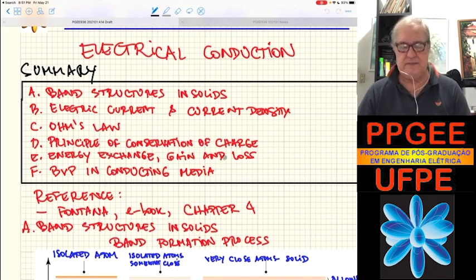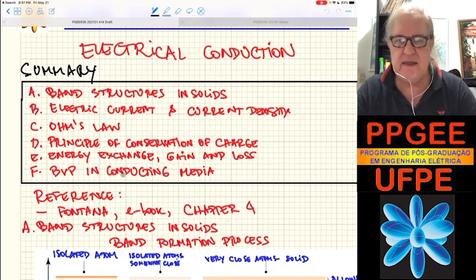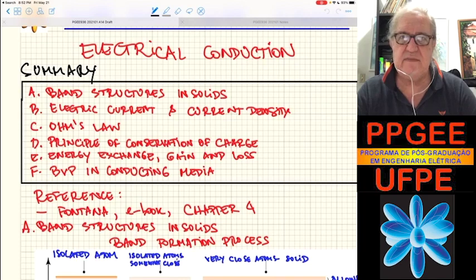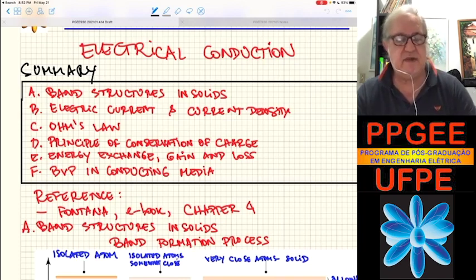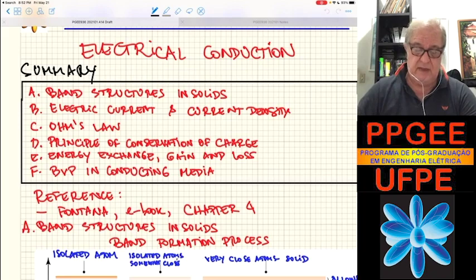And finally, we are going to outline how we address boundary value problems in conductive media. What are the quantities that can be used to obtain the behavior of transport of free carriers in a conductive medium.